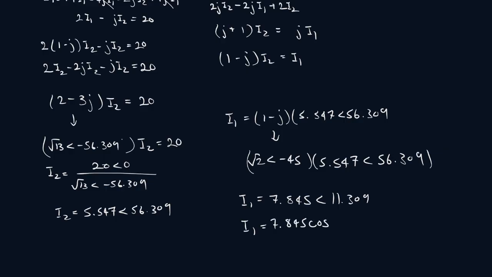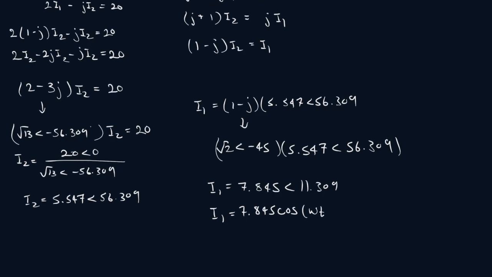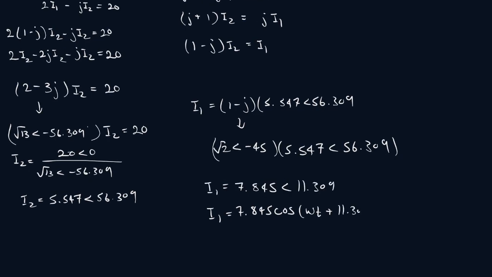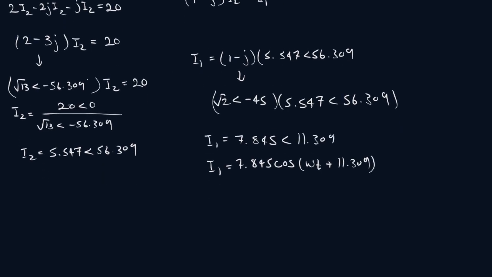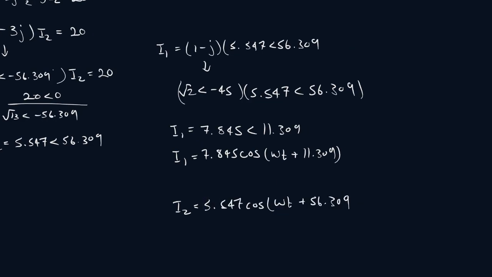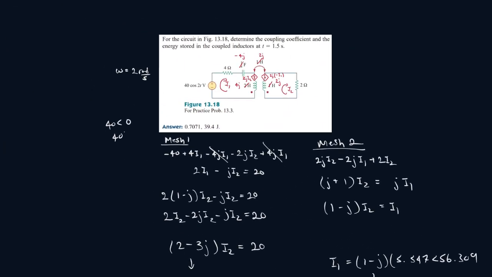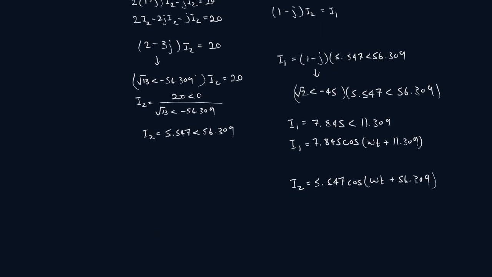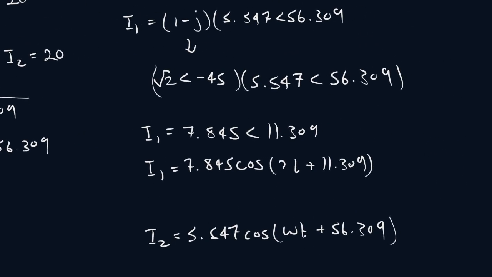That's that value cos WT plus 11.309, and I2 is 5.547 cos WT plus 56.309. And then our W was 2, so it's 2 here and 2 here.